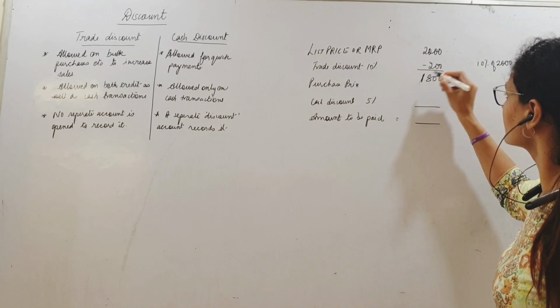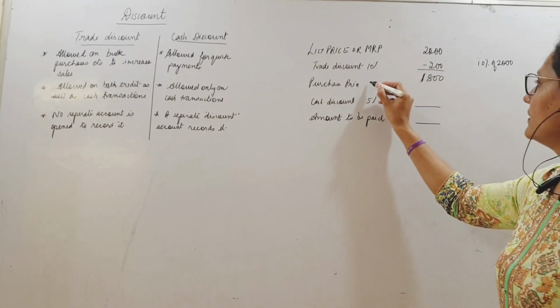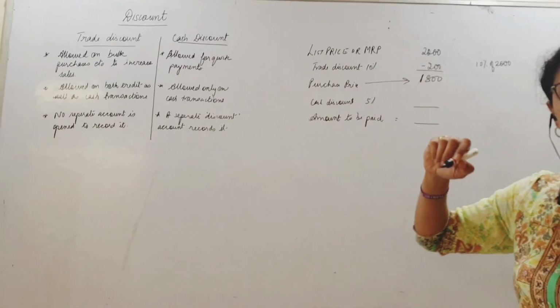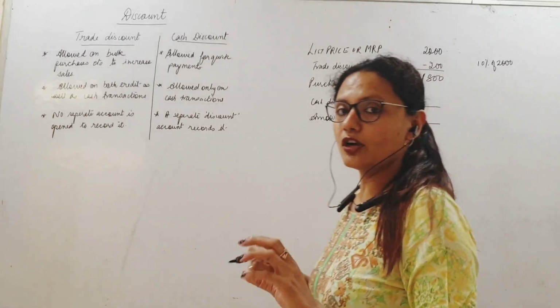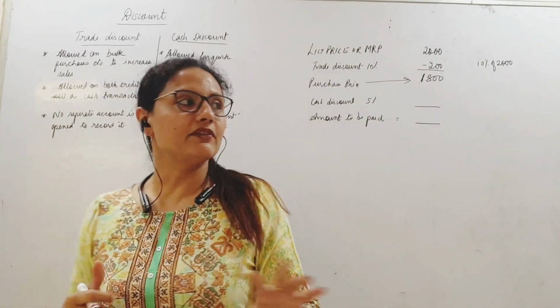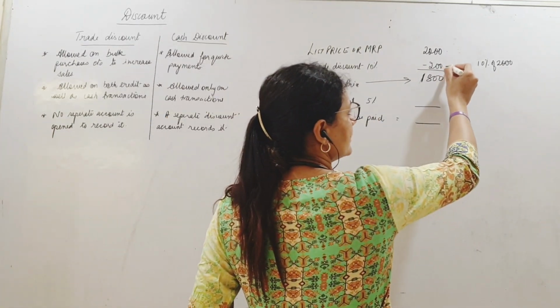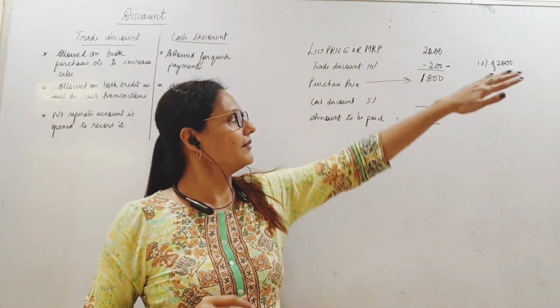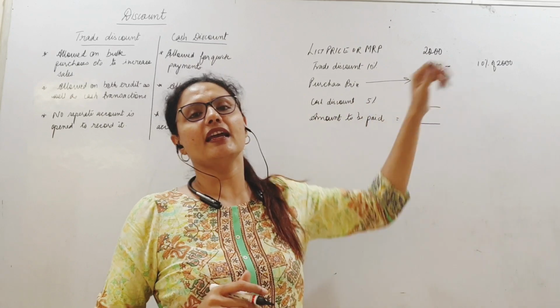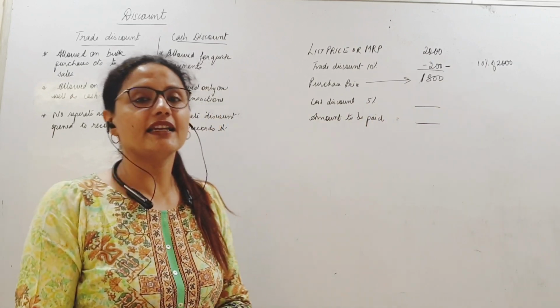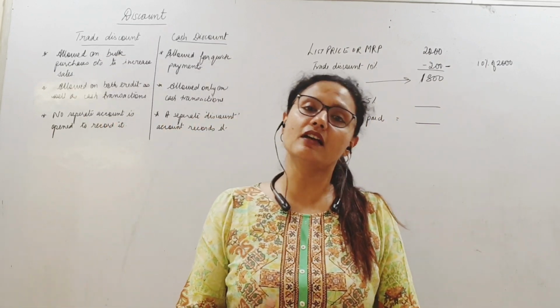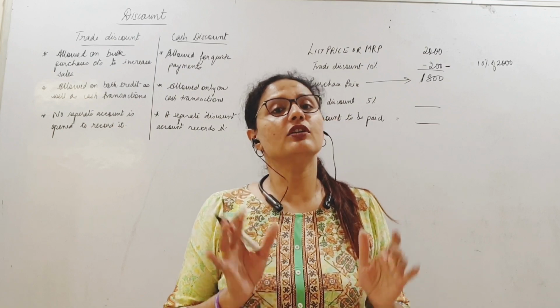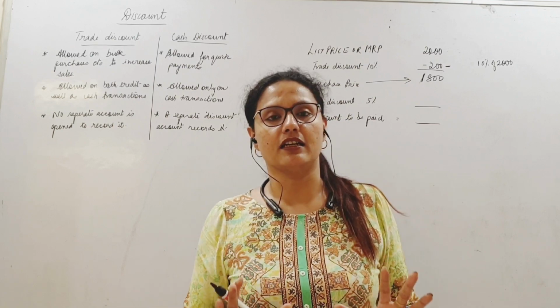Yes, that will be the purchase price, correct? Not 2000. And I will not open any account for this 200 discount that I am receiving. ये deduct करके मेरा purchase का expense हो रहा है 1800. That I will be recording in my purchase account as my expense. Goods खरीदा कितने का? 1800.